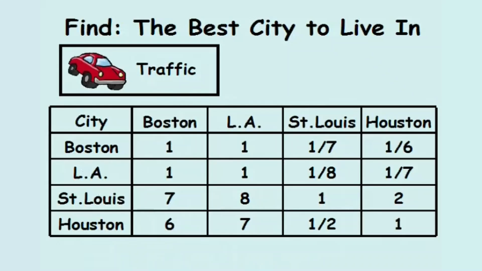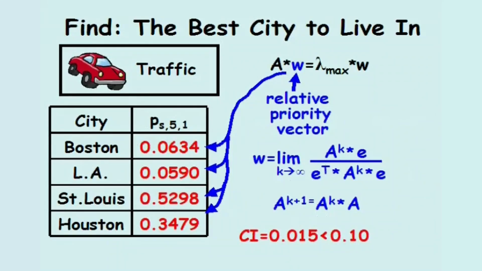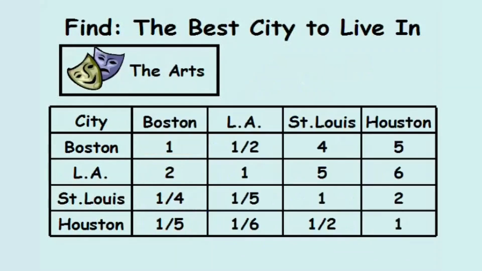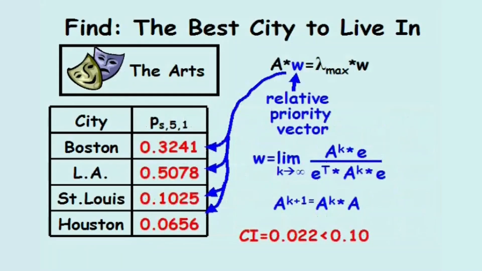The traffic comparison tables are shown here, where St. Louis and Houston have lighter traffic than Boston and Los Angeles, and hence have a higher preference for this subcriterion. The arts preferences are shown here, and dominated by Los Angeles, with Boston, St. Louis, and Houston preferred second, third, and fourth.